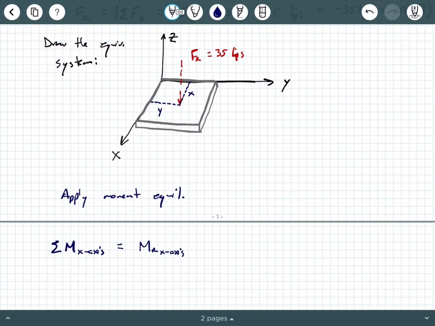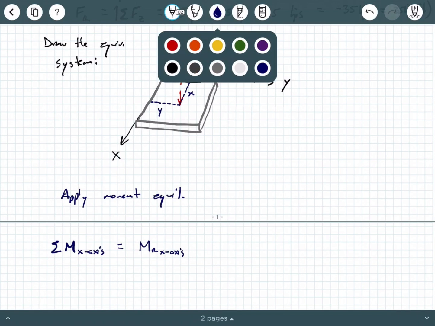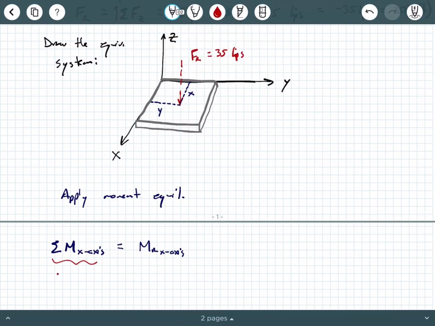And very similar to what we did in the previous example, we're going to look at the moments generated about the x-axis in the original figure. So we'll make a note here: this is from the original system, and then we're going to look at the moment generated in the equivalent system.